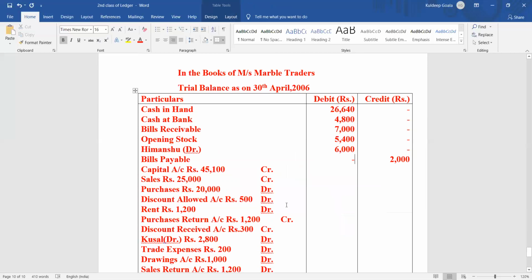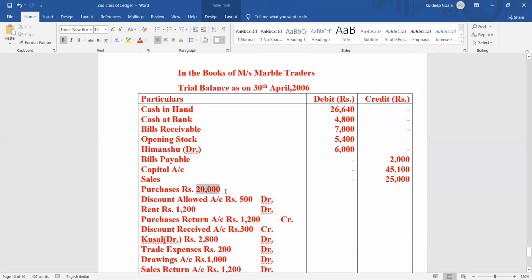Then moving back again, capital is also coming in the credit side. Okay, then sales is also coming in the credit side. So just place them. Okay, there's no problem here, just place the items. So credit side. Then next one comes the purchase account.